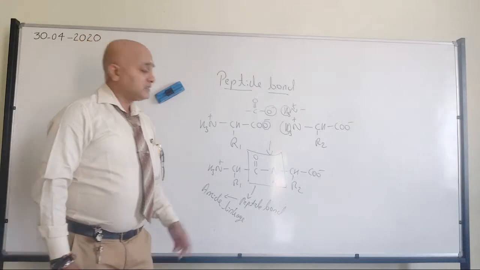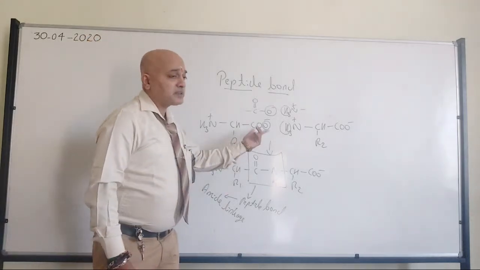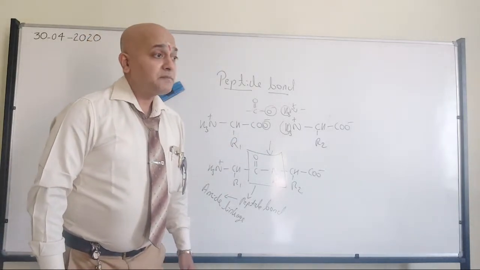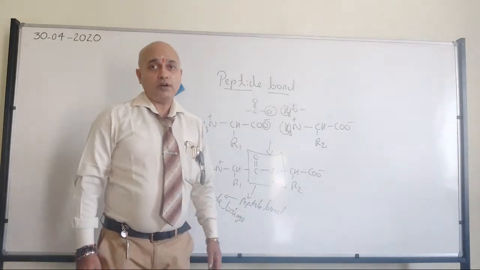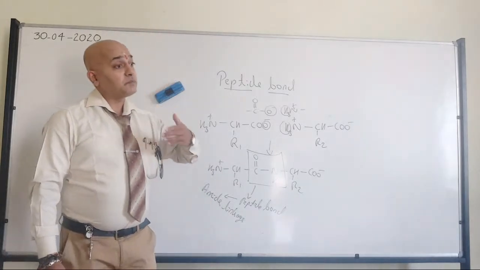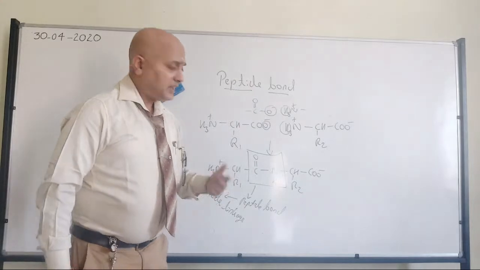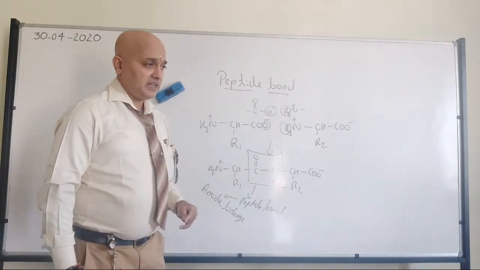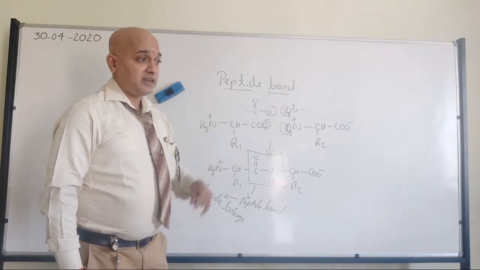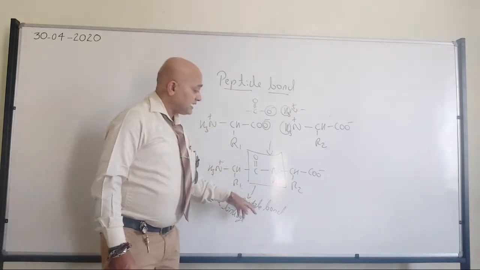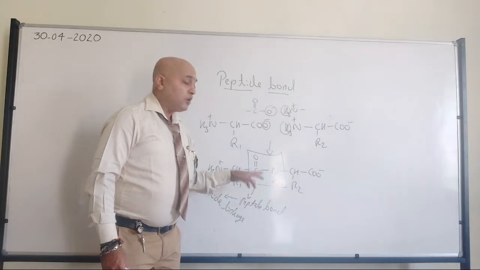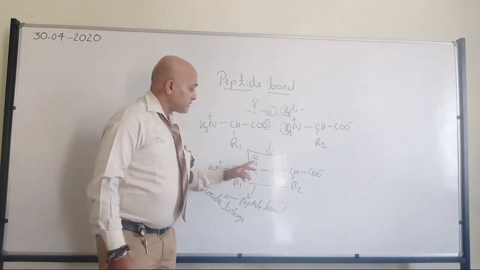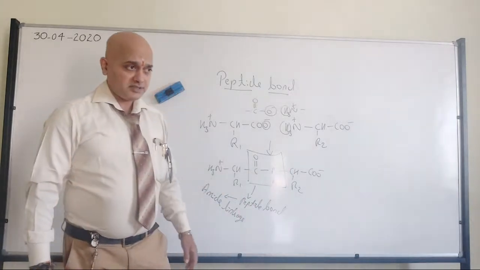But if this amide linkage is present between amino acids, then it is called a peptide bond. Amide bond is a broad term. Wherever we find a CONH linkage, it will be an amide linkage, but it is not necessarily a peptide linkage. So peptide linkage or peptide bond is applicable only when amide bonds are present between two amino acids.